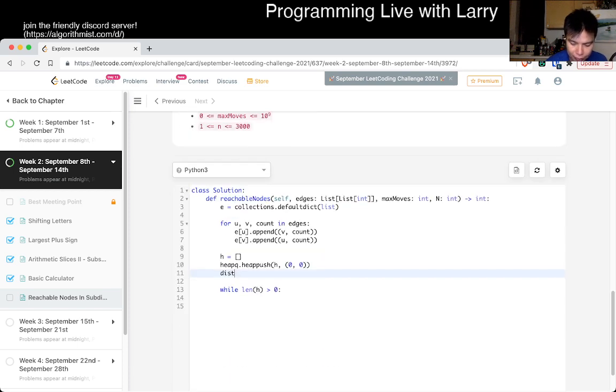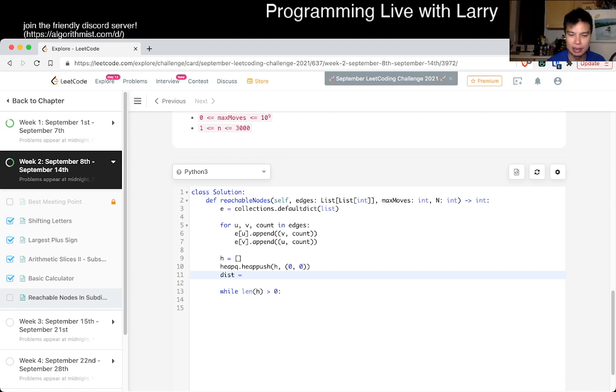Okay, so yeah, let's just say we have dist is equal to infinity times n. Oops. Okay, and then now you have the distance and node equals heapq dot heappop of h.